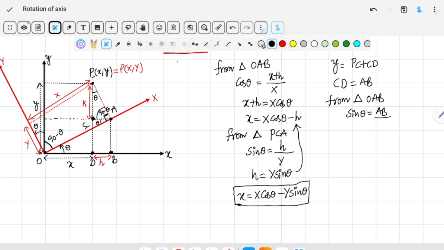Hypotenuse is capital X. Therefore, AB is equal to X sine theta. Now I got AB. If I got AB, it indicates it is also same as CD. Therefore, CD is equal to AB is equal to X sine theta.